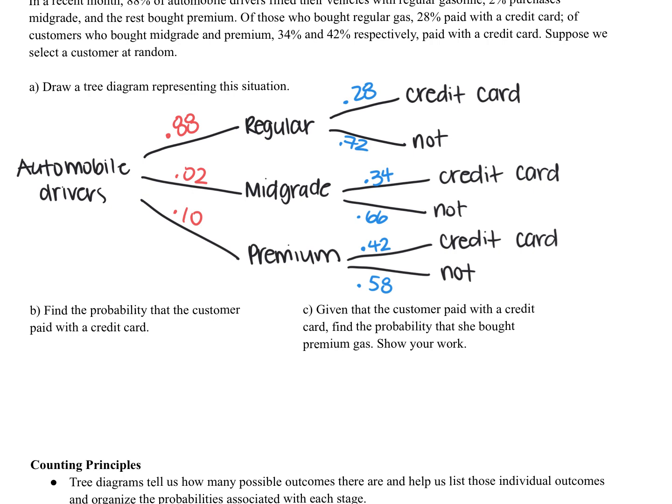The first probability I want to find is the probability that a customer paid with a credit card. Remember, that is any of the three gases. So 0.88 times 0.28, if they got regular and paid with a credit card, plus mid-grade, 0.02 times 0.34, and then for premium, 0.10 times 0.42.